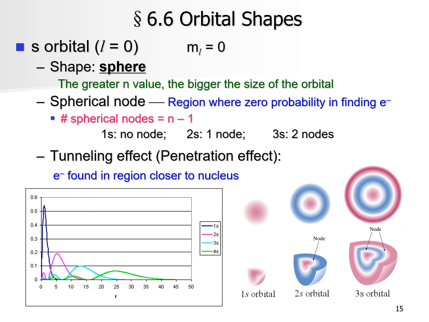That means an electron in 2s, for example, can be found somewhere in the space of 1s. So let me put that in blue. This is where we can find some probability of the 2s electron. That is what we call the tunneling effect or penetration effect.